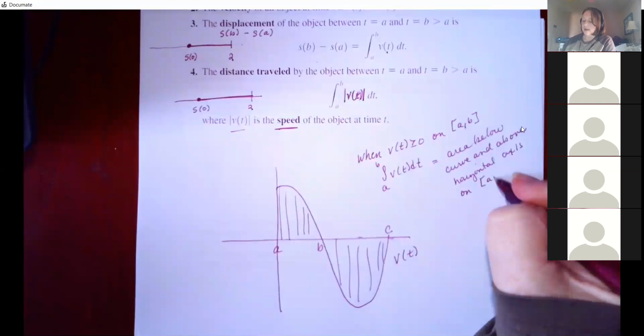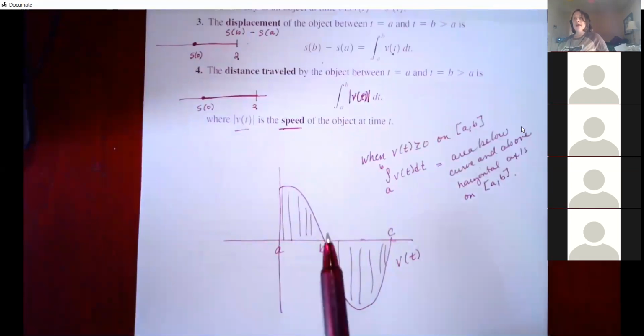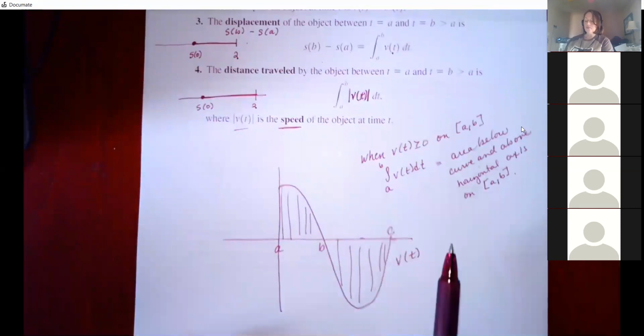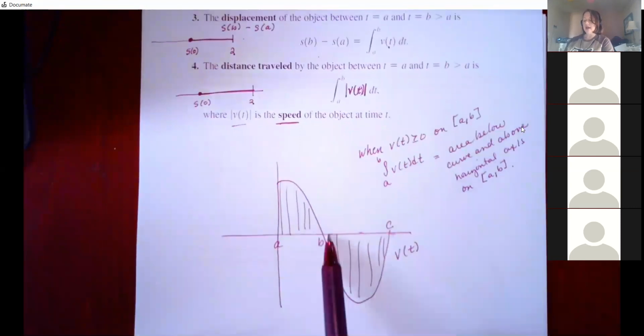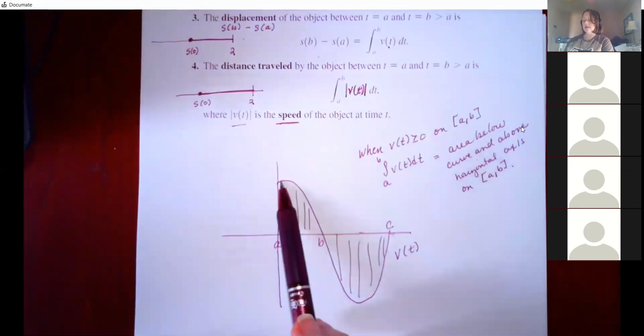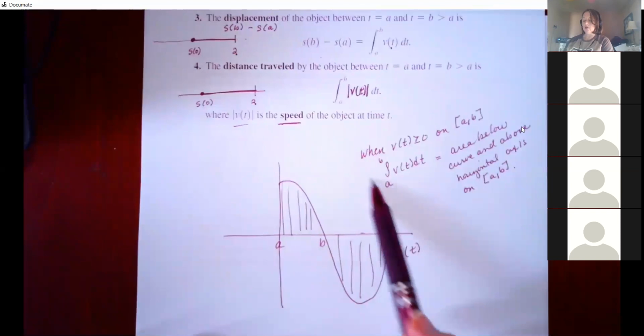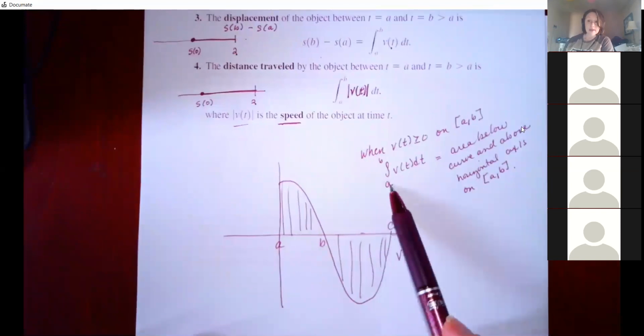Right? That's how we basically motivated the idea of definite integral. But if your function's non-negative, area and definite integral, they're the same thing. We also know that this integral for velocity functions is equal to displacement, right?